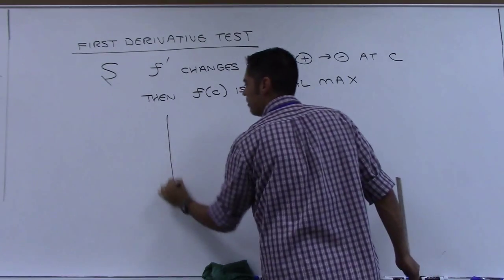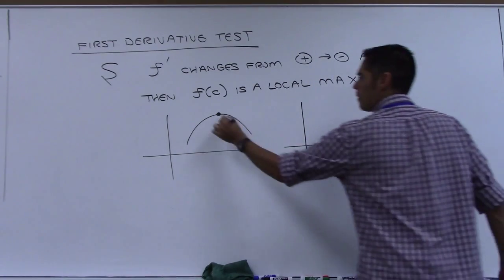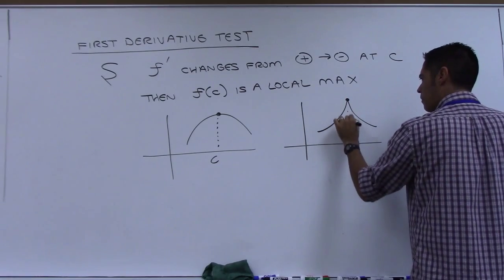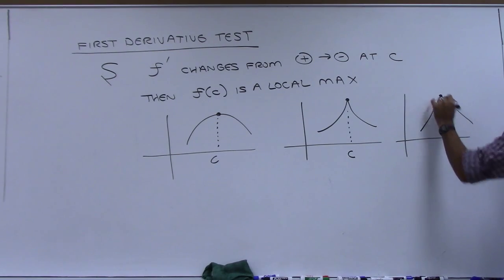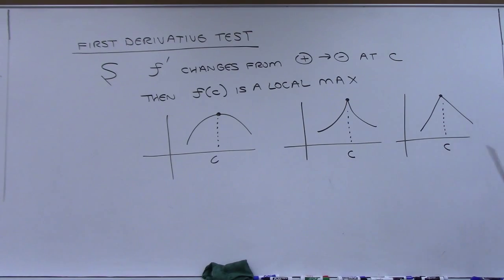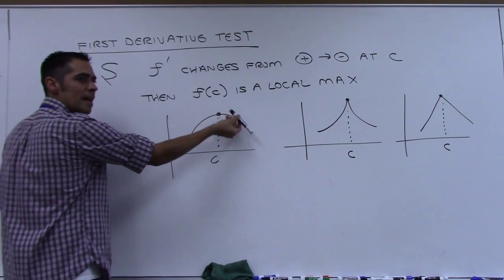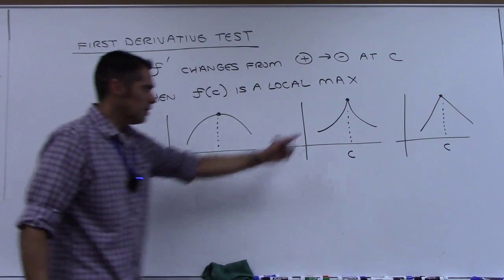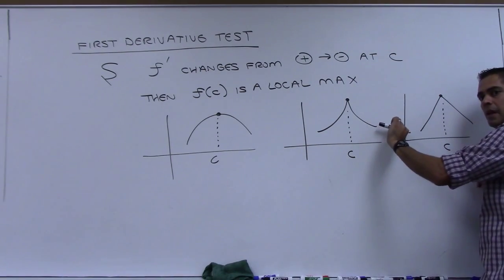I'll show you a couple of pictures of this. Do you agree that in all three of these pictures, my derivative goes from positive to negative at C?